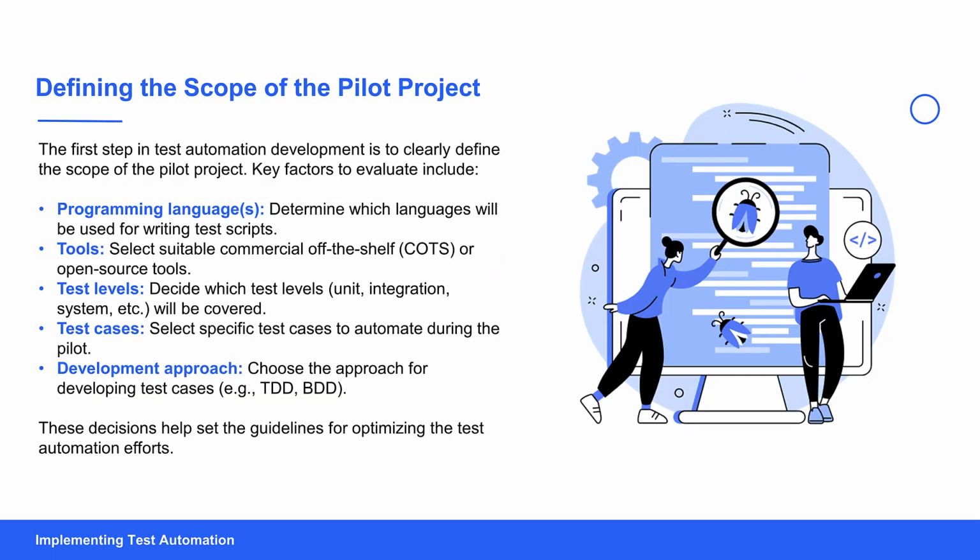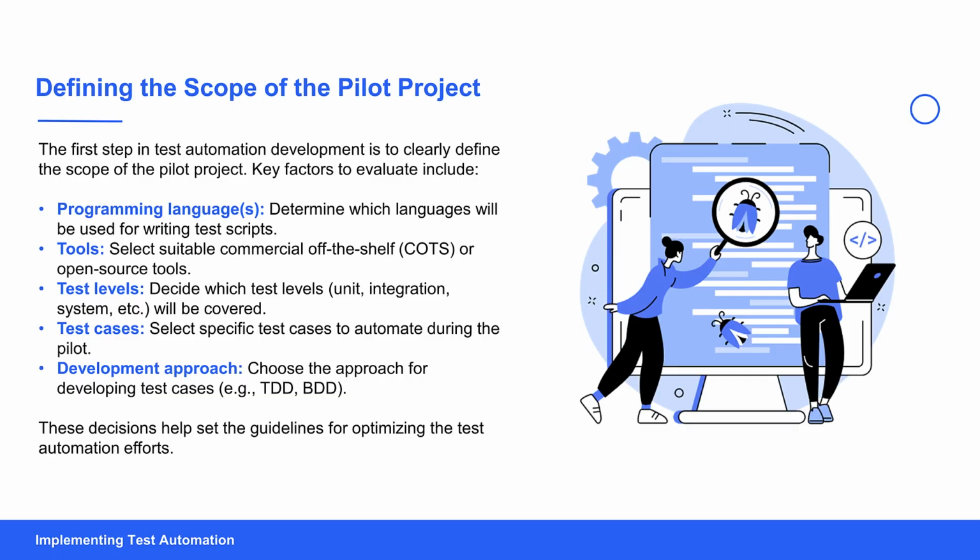The first step in your test automation journey is to clearly define the scope of your pilot project. This means making some important decisions early on. For example, you'll need to choose the programming language or languages you'll use for writing your test scripts. Then you'll want to select the right tools, whether they're commercial off-the-shelf solutions or open source options.